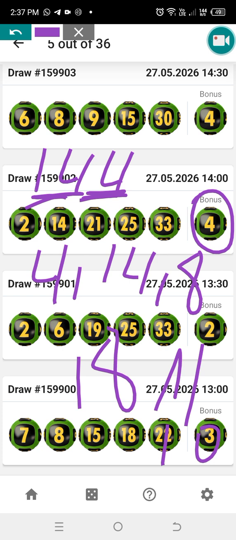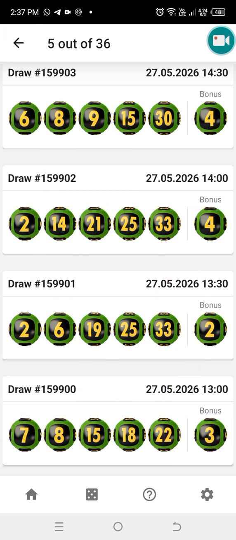Even 1 or 10, mostly, because it showed on both of the rows, on both sides. So let's move again.